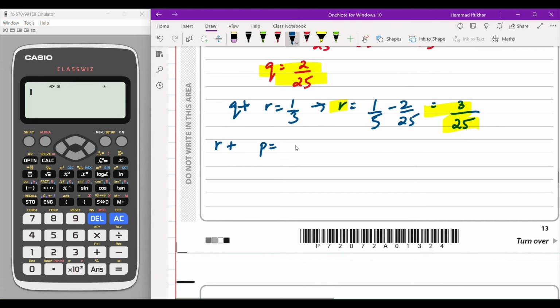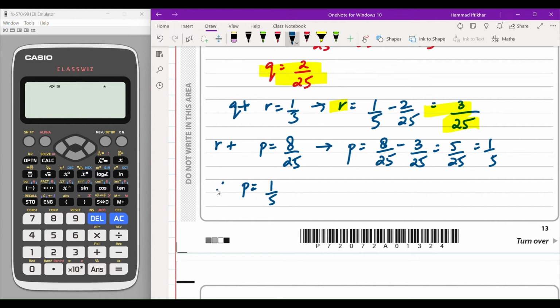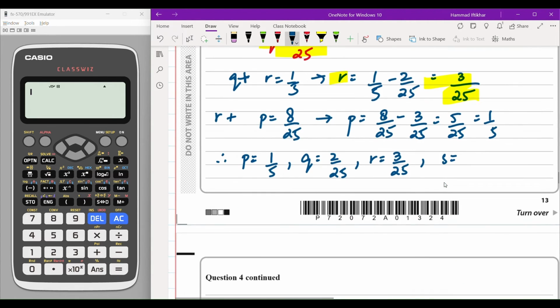I keep forgetting 8/25. So P will be equal to 8/25 minus 3/25, which is 5/25 or 1/5. So P is 1/5. Therefore, Q is 2/25, R is 3/25. And S is, wait, what did we calculate? 3/5.